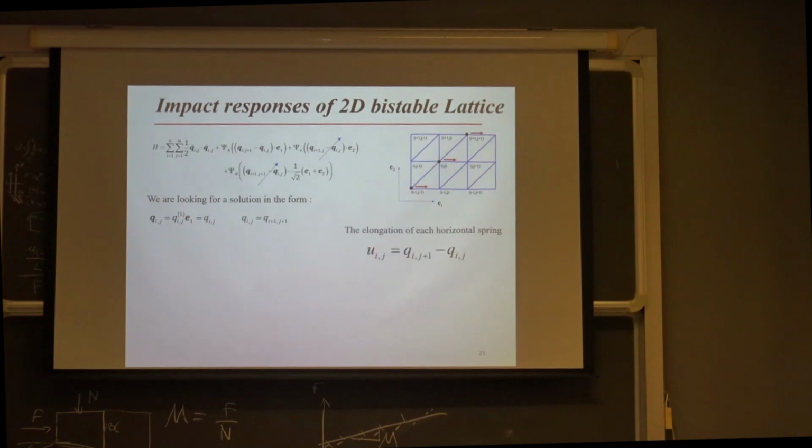So let's introduce the elongation of each horizontal spring, which is one mass minus the other one, the mass to the side. This is the elongation of each spring. And the resulting solitary wave, this is the advance-delay equation that we got after the derivative of the Hamiltonian. Those are the forces of the spring, and from here we can get the solitary wave solution.